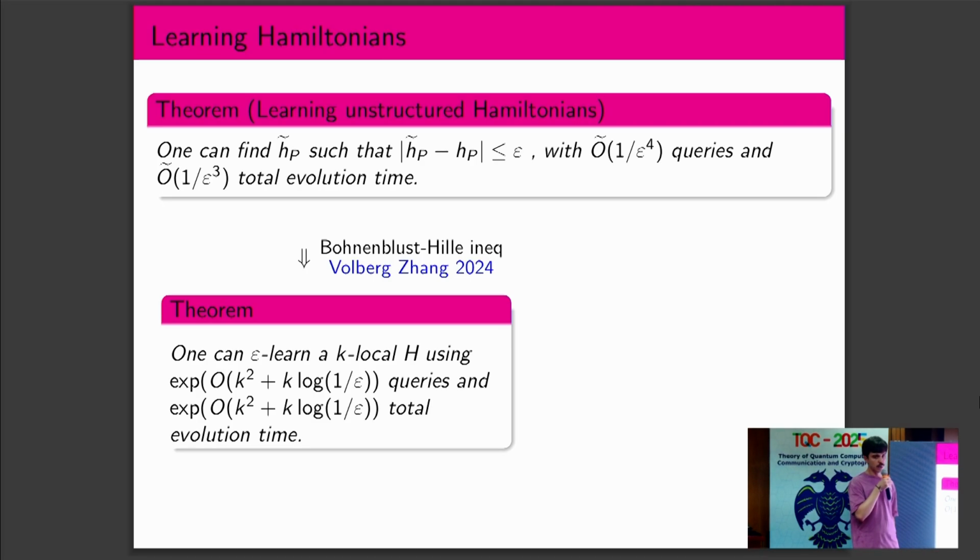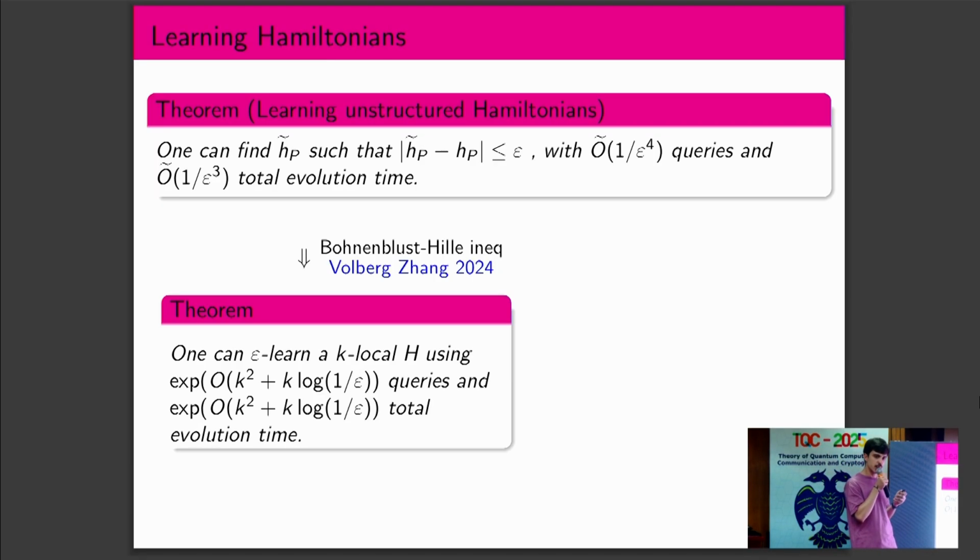So first, let's talk about local Hamiltonians. If you know that the Hamiltonian is k-local, you can use a tool from functional analysis, which is the Bonami-Beckner inequality. The Bonami-Beckner inequality tells you that if you ignore all the Pauli coefficients that are smaller than a threshold, then you are still going to have a good approximation of your Hamiltonian if you learn the rest of the coefficients.